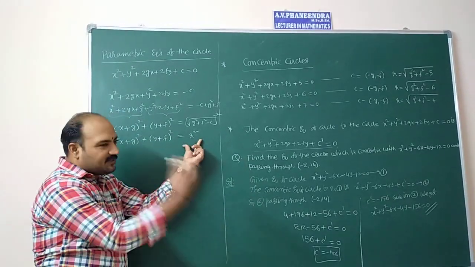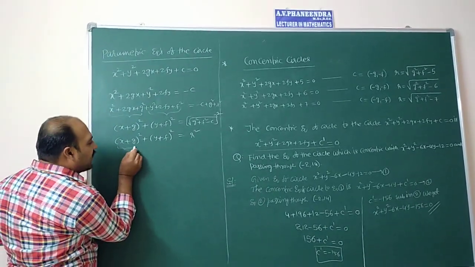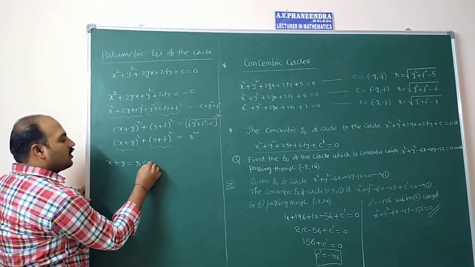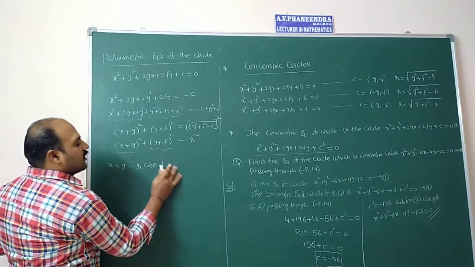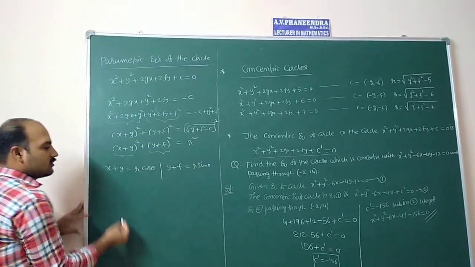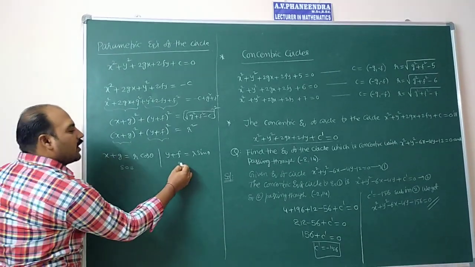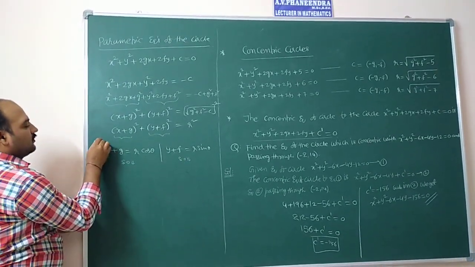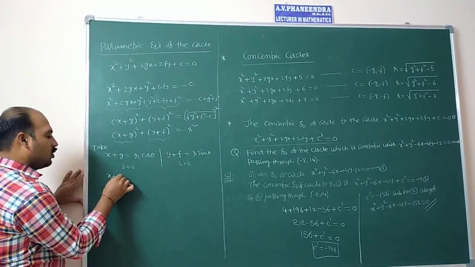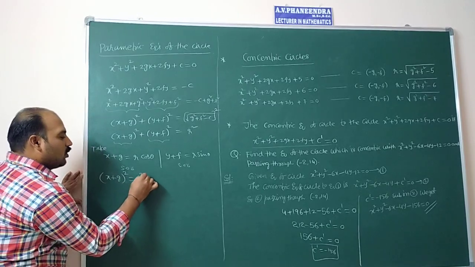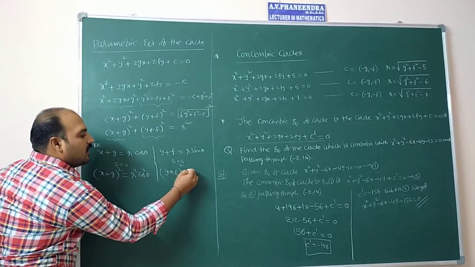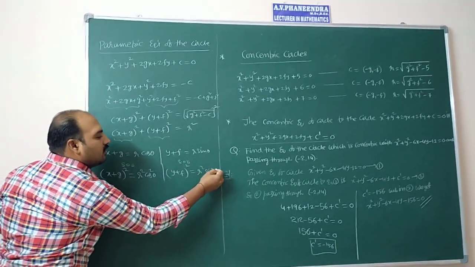To satisfy the RHS value, you can take x plus g equal to r cos theta, y plus f equal to r sin theta. If you square both sides, x plus g whole square is equal to r square cos square theta, and y plus f whole square equal to r square sin square theta.